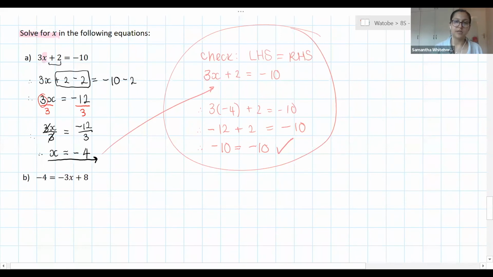Remember your inverse operations, and remember we want x alone, positive 1x alone.